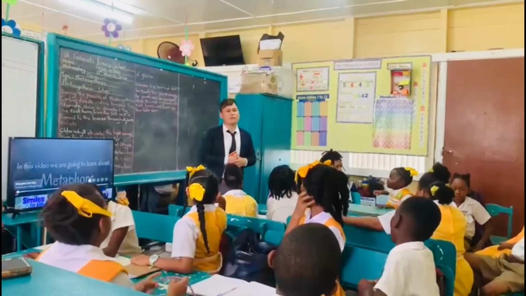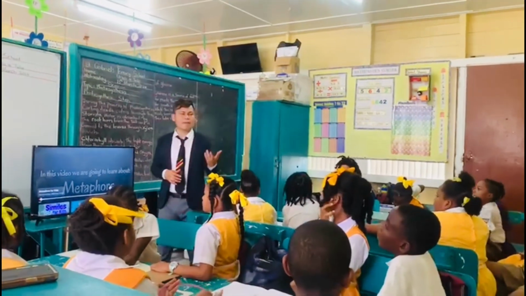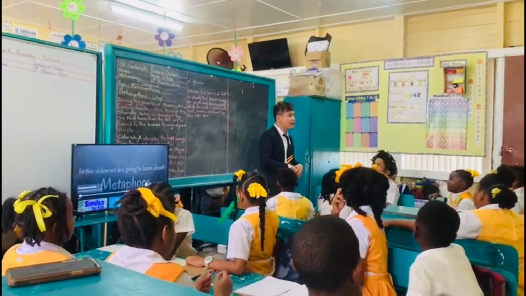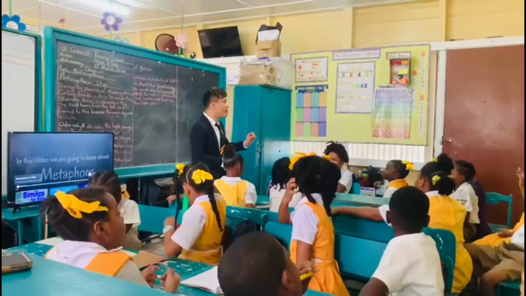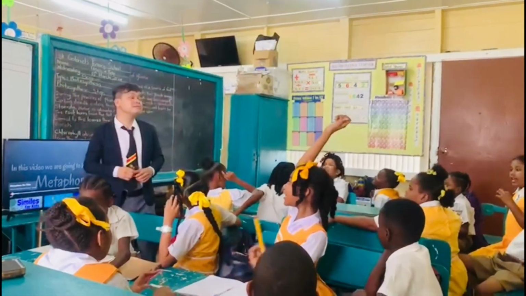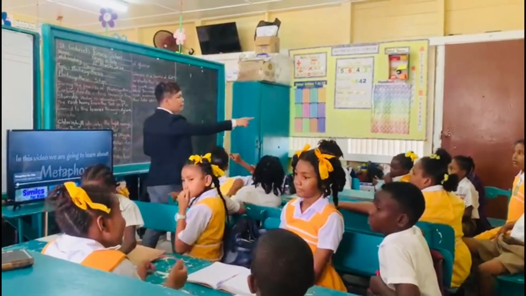She is a good swimmer. Is that sentence comparing? Remember, you have to use the keywords. So what are the keywords? Good. Who else? Let me hear from you, Joya.